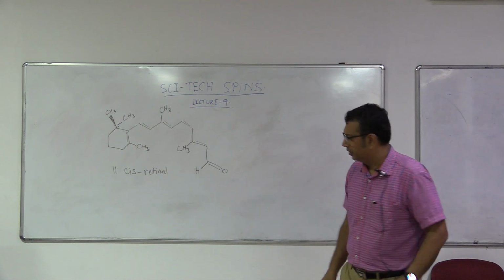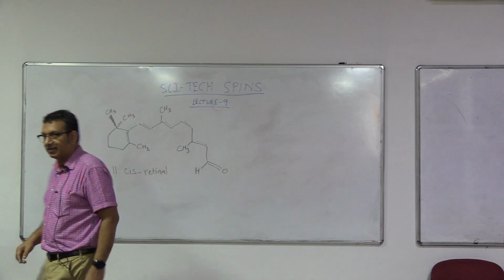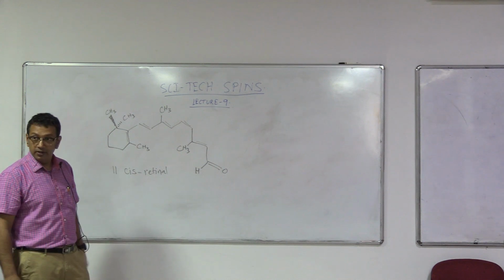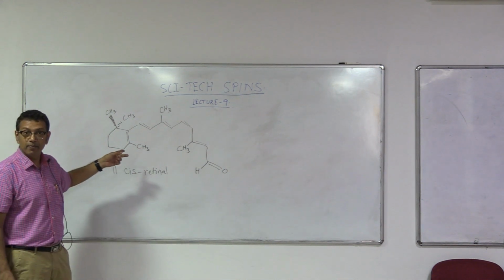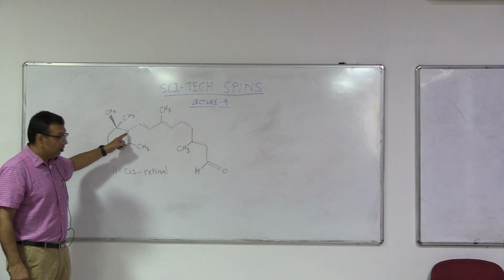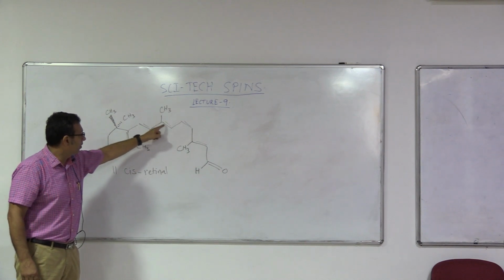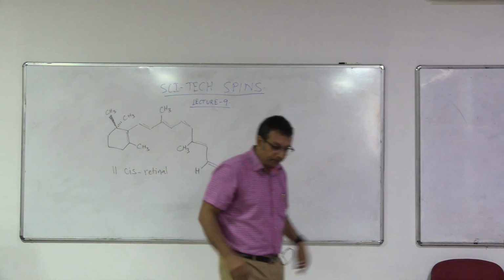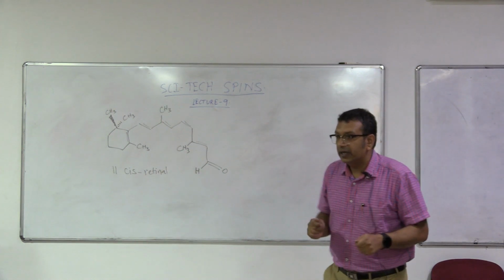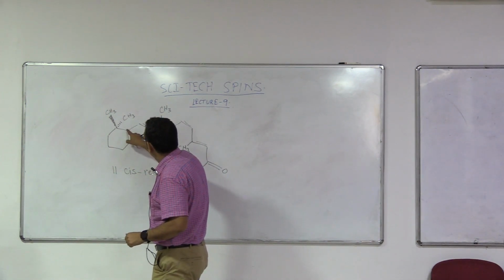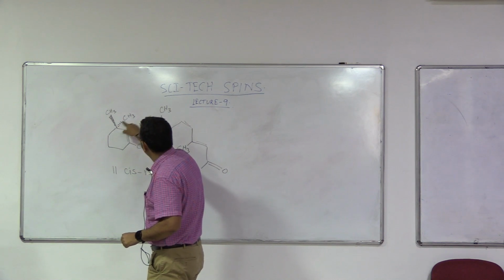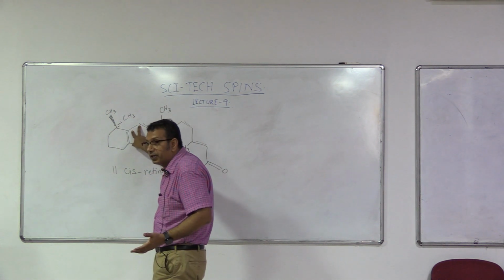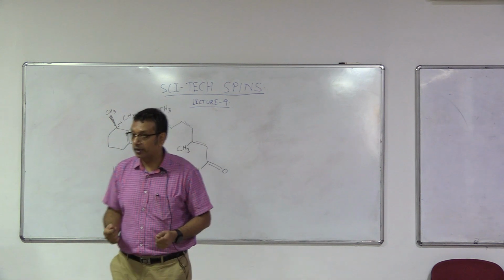If you look at the p orbitals, let's think of the z direction as pointing out of the board. If I look at these pz orbitals which are involved in the pi bonding, then all of these, 1, 2, 3, 4, 5, 6, 7, 8, 9, 10, and to some extent this one also, you cannot say that this pz makes this double bond. I could also shift these double bonds by arrows, right? So these two pz orbitals could also make the double bond. That's what the conjugation is all about.